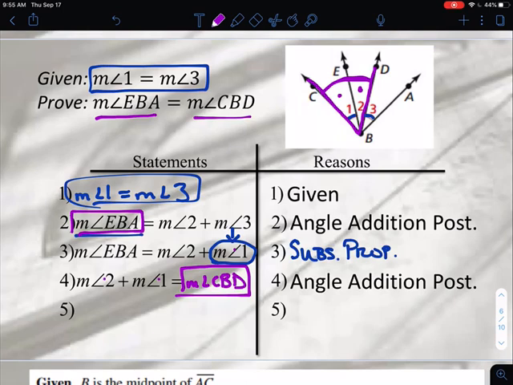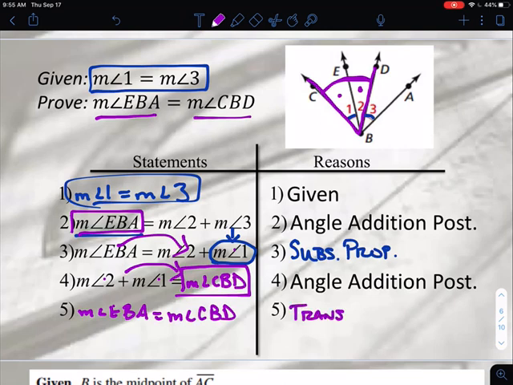So by the transitive property, I know EBA has to equal CBD because EBA led to 2 plus 1, and 2 plus 1 led to CBD, so EBA can go straight to it. That would be our transitive property that we learned a couple sections ago in chapter 2.